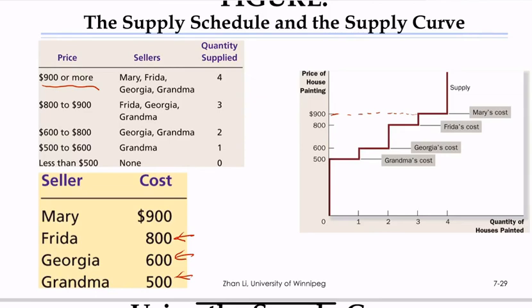So you can see here that at 900, Mary would be indifferent between offering the painting job or not offering it. If the price decreases from $900 to a little bit less, such as $899, Mary will not offer her service. So she would leave the market. In this case, Mary is the marginal seller.